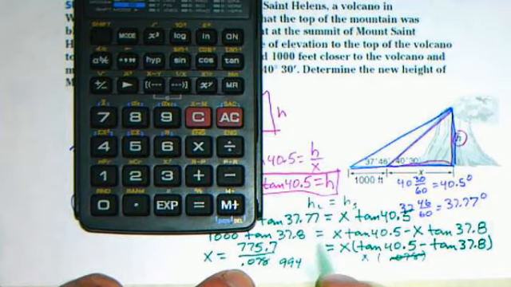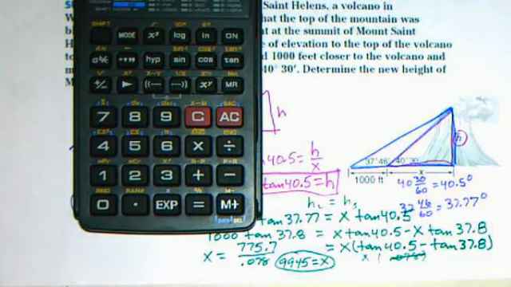So let's call it 9945. So x is 9,945. We need to find out what h is, though.